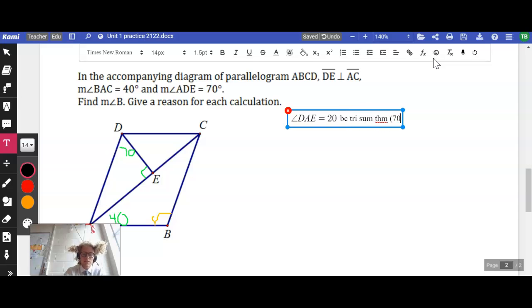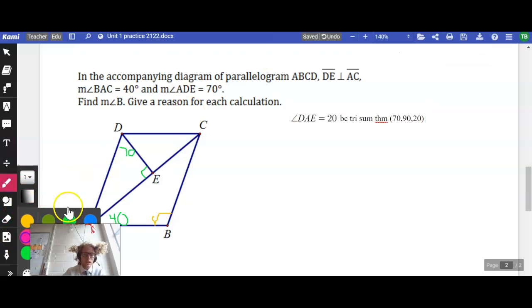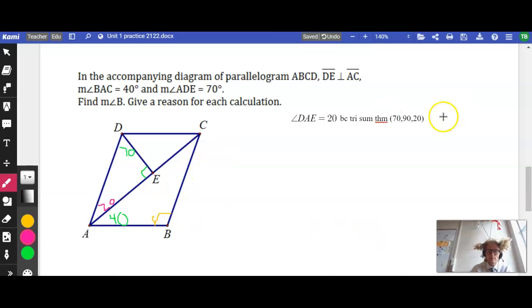And we had 70 and 90 as our givens, so 20 must be the third. Alrighty, so now that one is 20. I'm going to draw that one in. I'm also going to move my face over to here. Okay, so that one's 20 now.